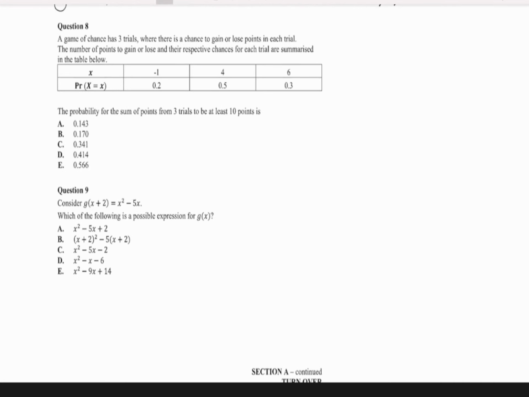Question 8, you kind of just have to list every single possibility, and there's a fair bit, so it takes a little bit of time.